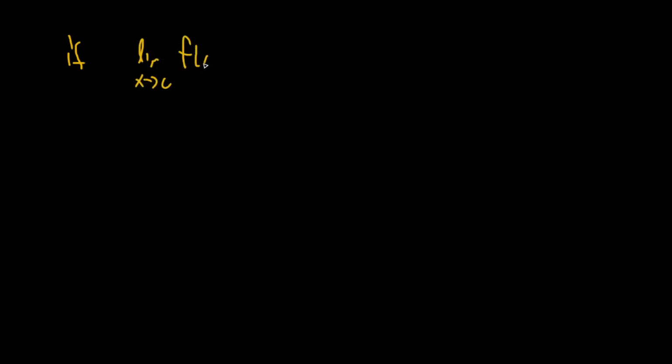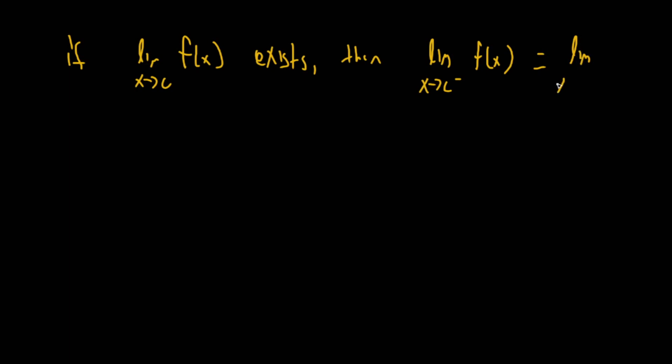So every time we're given a limit to evaluate, you have to make sure that the limit from both sides is equal, right? So let's write that down more algebraically. If the limit as x approaches c of f at x exists, then the limit as x approaches c from the negative side would equal the limit as x approaches c from the positive side, right?